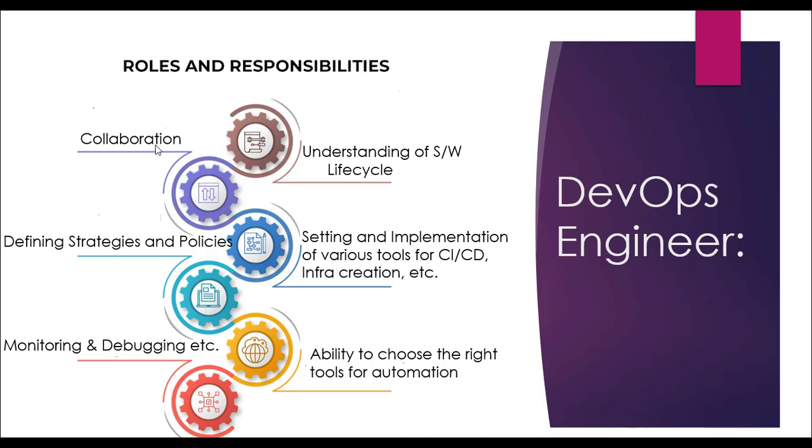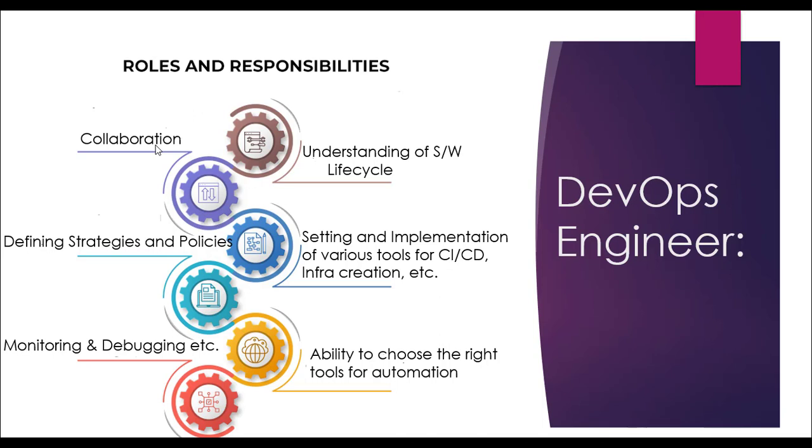When I say how exactly software is built, designed, tested, deployed, this understanding is very much required. DevOps engineers will be responsible for defining different strategies and policies, such as branching and merging strategy and your CI/CD pipeline strategy. All this is a role and responsibility of a DevOps engineer.